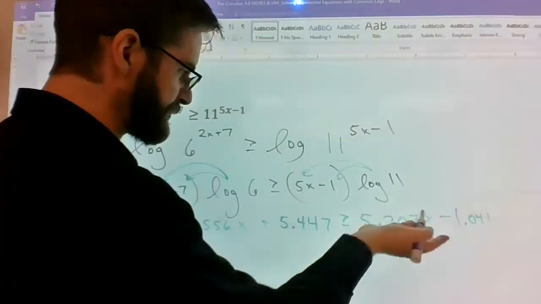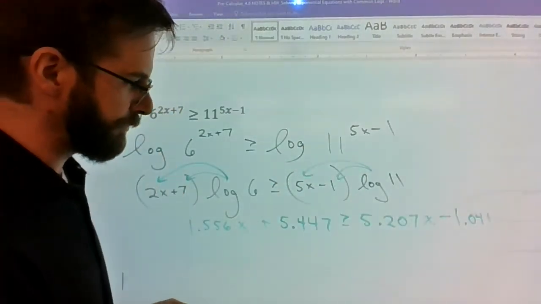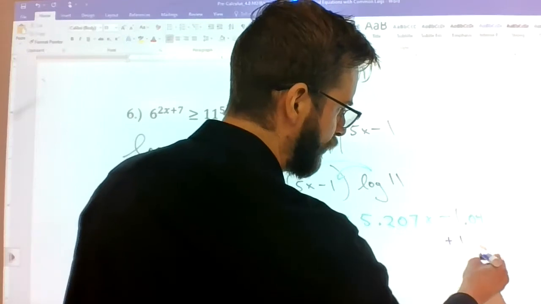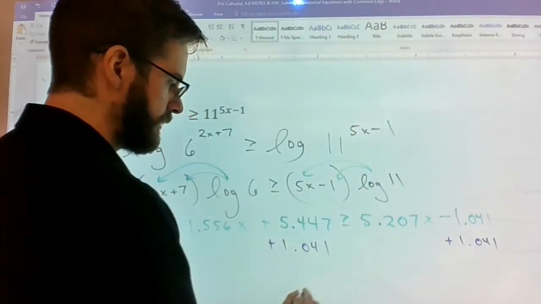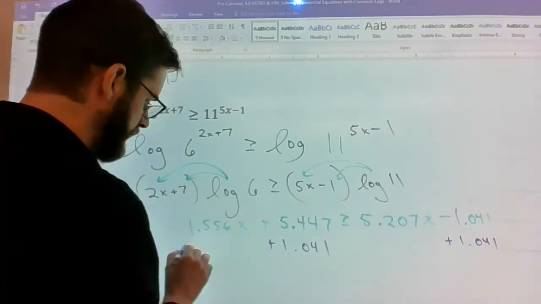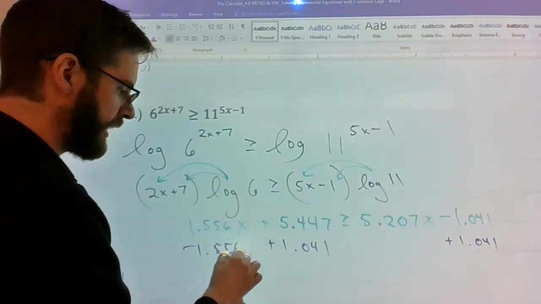All right, get x by itself, same as before. You know what? I think I'm going to add the 1.041 to both sides, and then move this x term to the right.